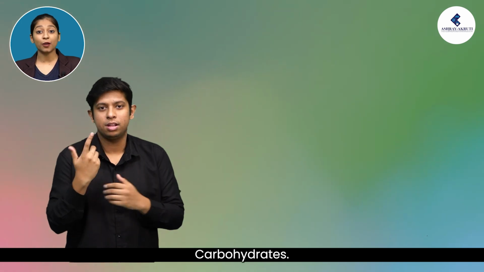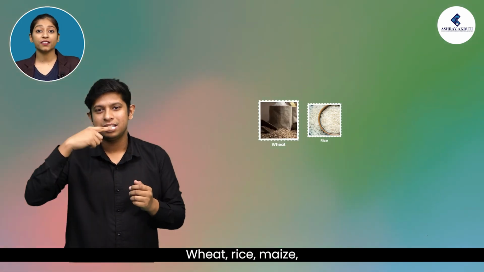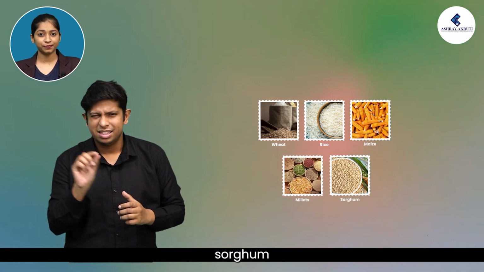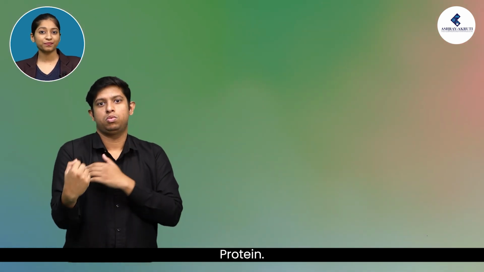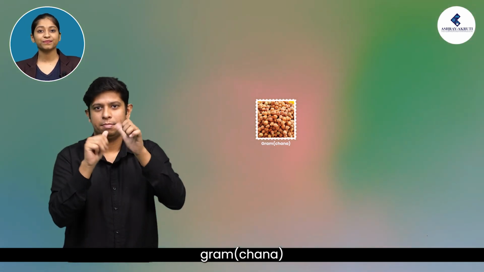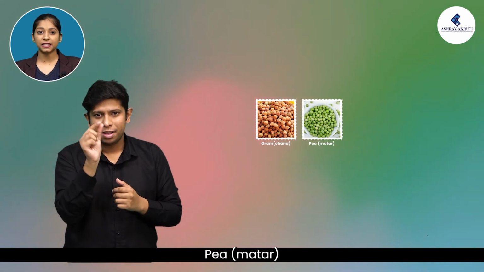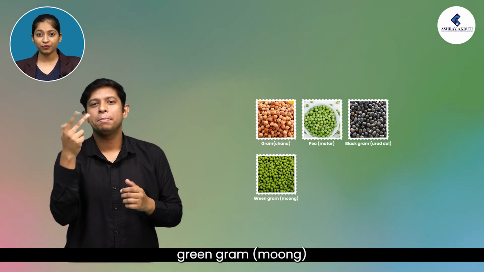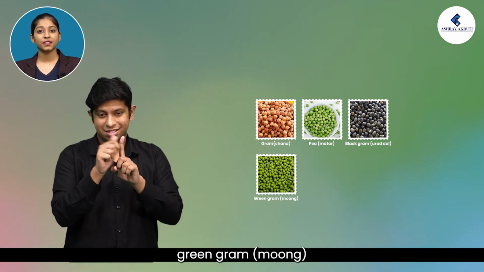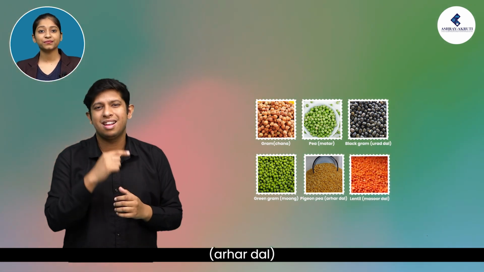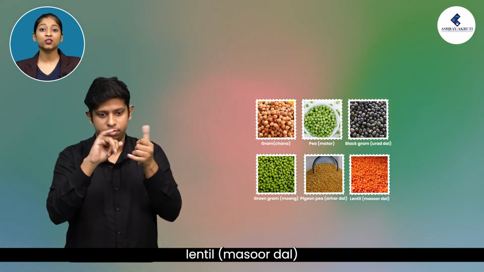Cereals, carbohydrates: wheat, rice, maize, millets, sorghum. Pulses, protein: gram or chana, pea or matar, black gram or urad dal, green gram or moong, pigeon pea or arhar dal, lentil or masoor dal.